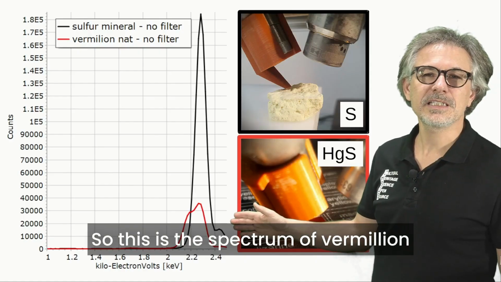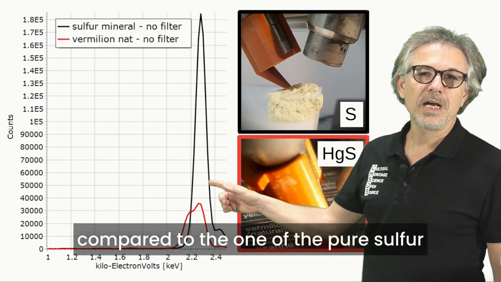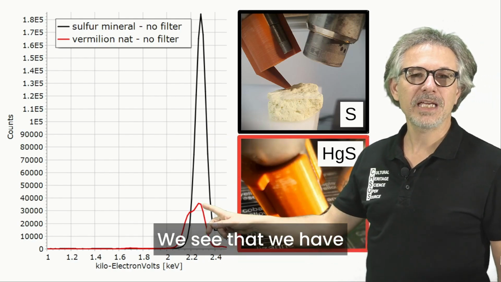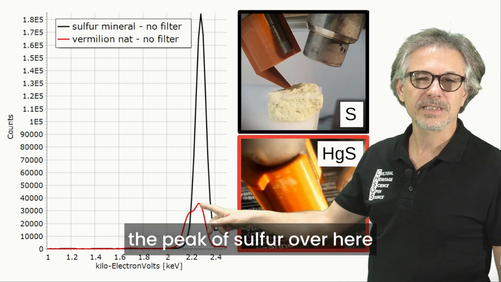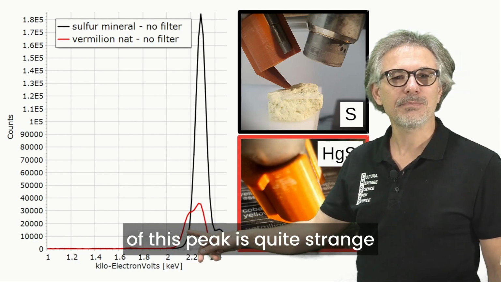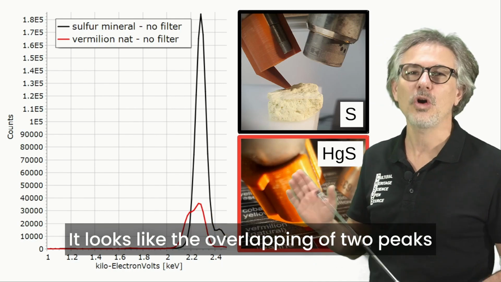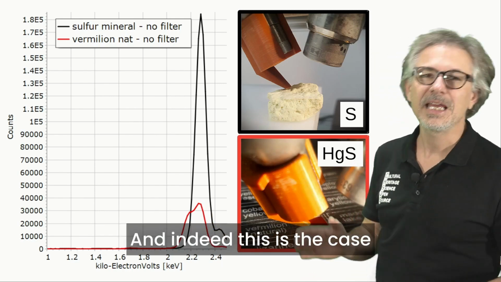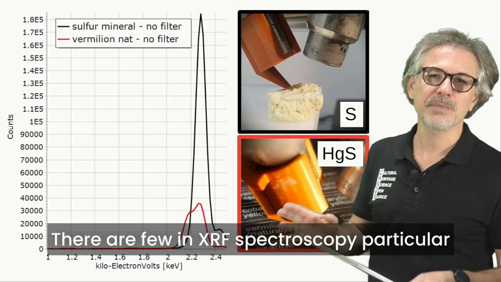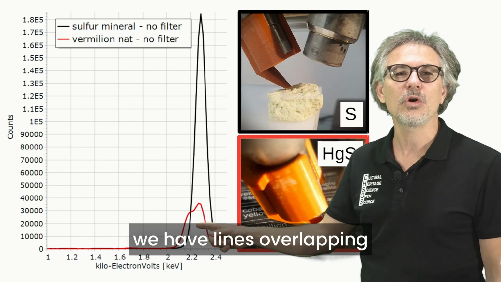This is the spectrum of vermilion compared to the one of the pure sulfur. We see that we have the peak of sulfur over here, and also you see the shape of this peak is quite strange. It looks like the overlapping of two peaks. And indeed, this is the case. There are a few cases in XRF spectroscopy, particularly for pigments, where we have lines overlapping.